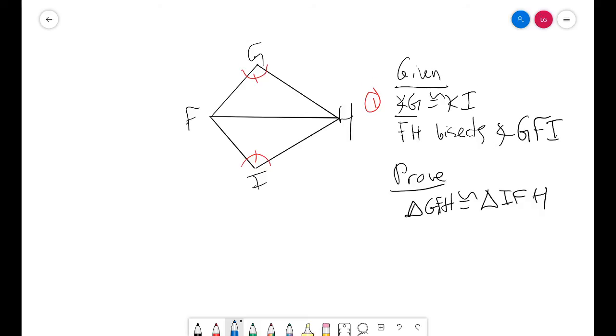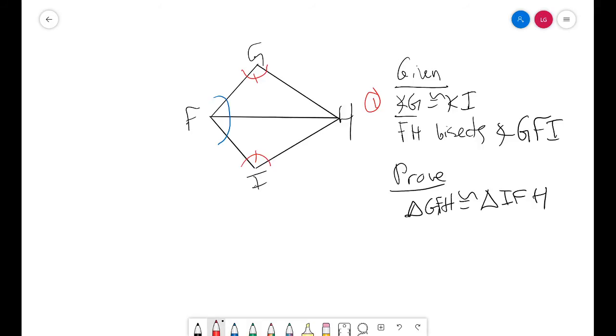Can we see the angle GFI? What angle are we talking about? We're talking about this angle right there. And we're talking about the line segment FH cutting across right there in the center of this kite diagram, and it specifically bisects. So it doesn't just cut it, it bisects the angle.